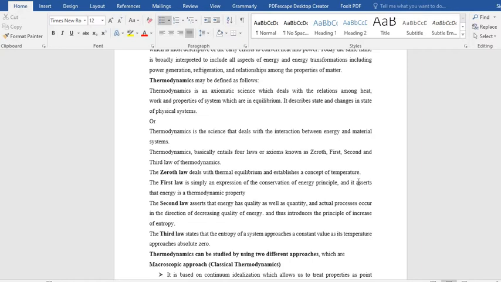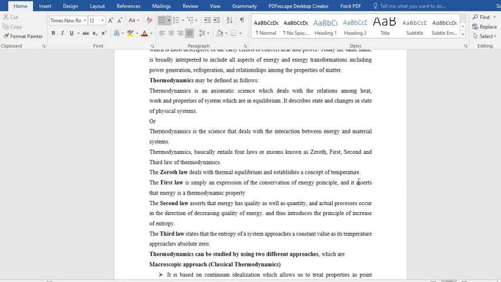We will see in subsequent classes that energy in transition can be either heat or work. Which direction the energy conversion or heat transfer is going to take place is given by the second law of thermodynamics.